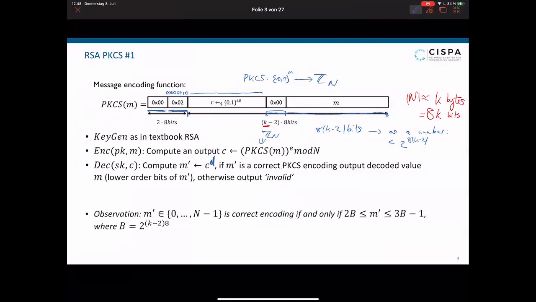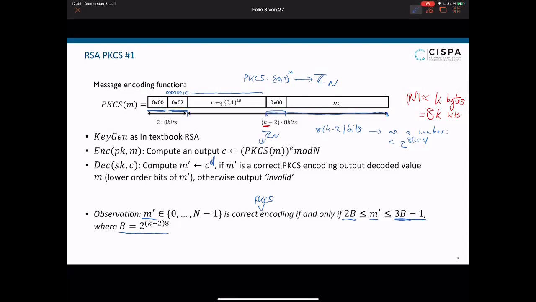Let's go forth. So we have the following observation, which will now be absolutely crucial. Such an M prime is a correct PKCS encoding if and only if 2B is smaller than M prime, which is smaller than 3B minus 1, where B is just 2 to the k minus 2 times 8. Why is that so?